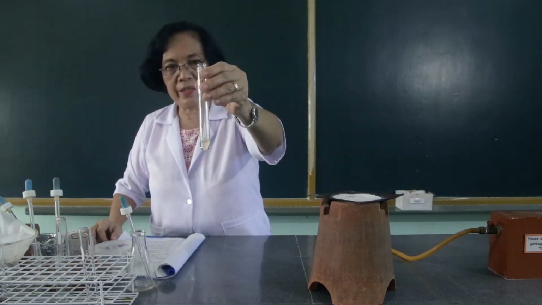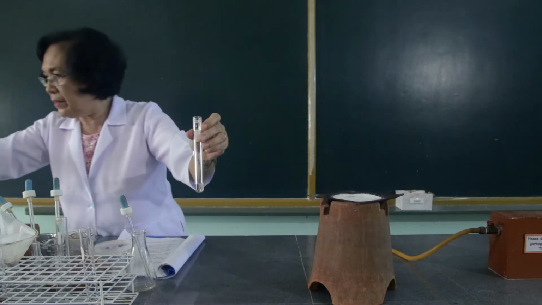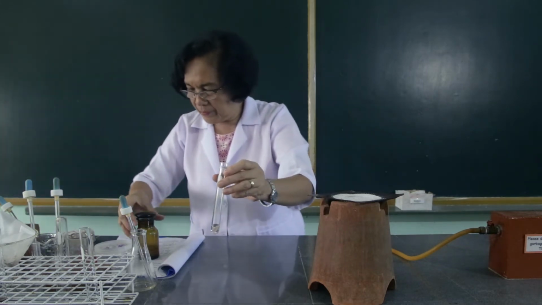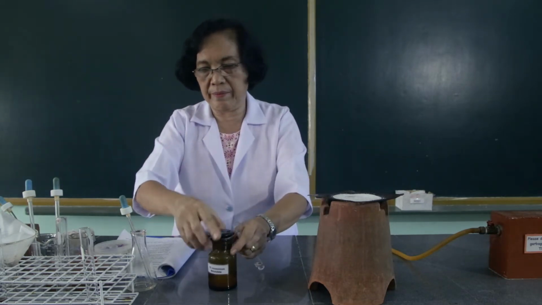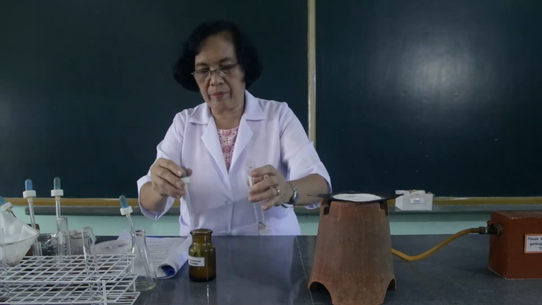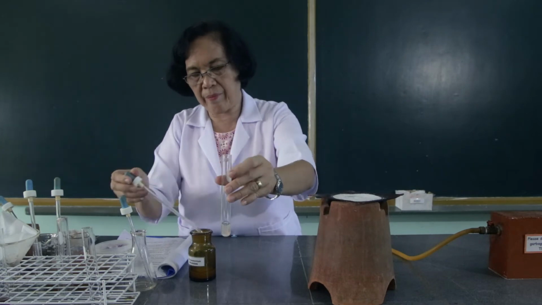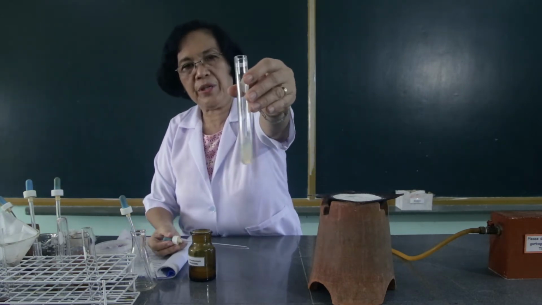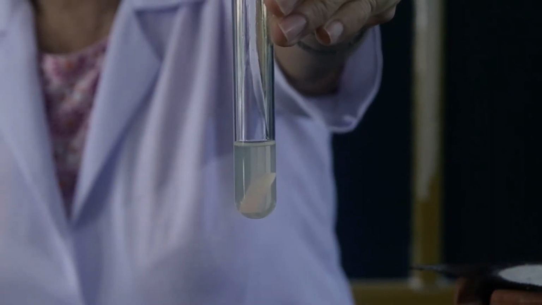Then we are going to add to this 4 ml of the ammonium molybdate. This is the ammonium molybdate. Observe what happens.